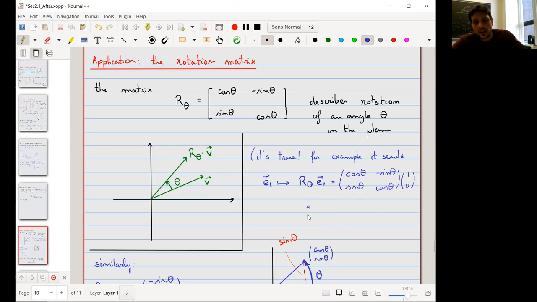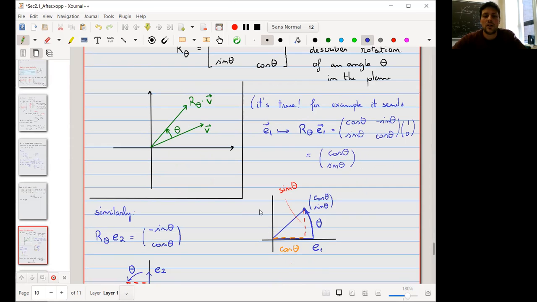Now, if I apply the row column rule for matrix multiplication, I get cosine theta times 1 minus sine theta times 0. That's cosine theta. Sine theta times 1 plus cosine theta times 0. That's sine theta.